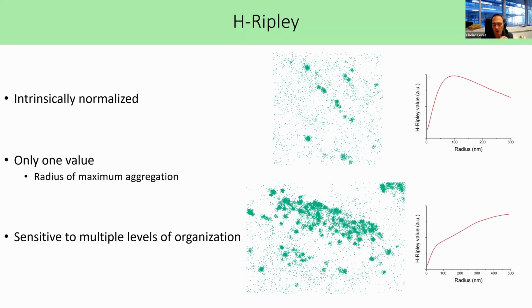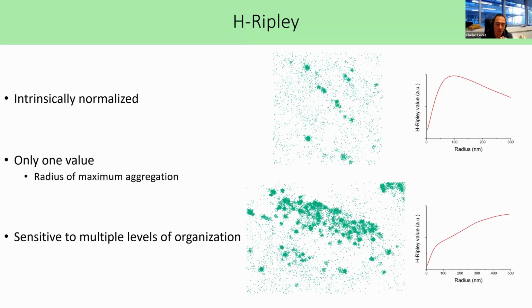When you are using the H function, one of the big advantages is that it's intrinsically normalized, meaning that it's robust to the localization density. So it will give you a statistically robust result of the aggregation in your data, which would be the radius of maximum aggregation.